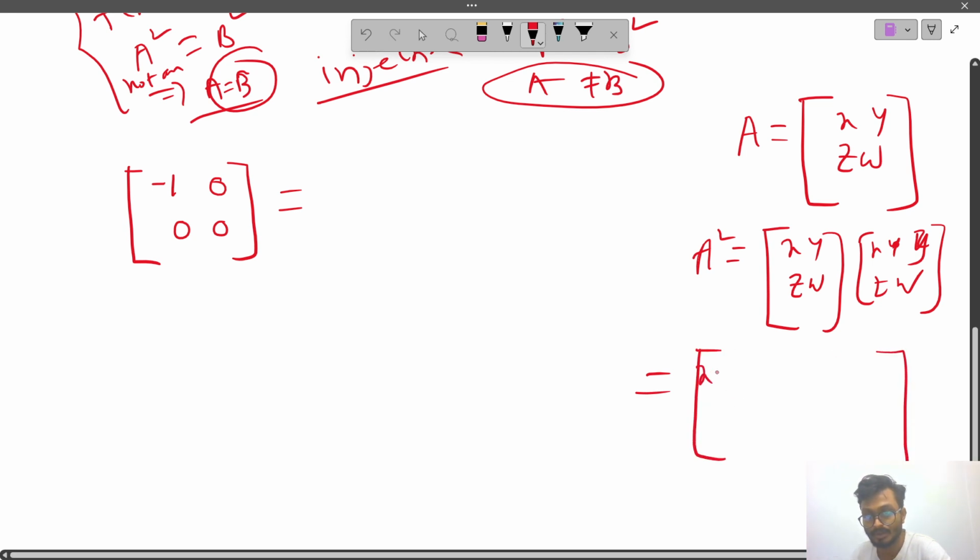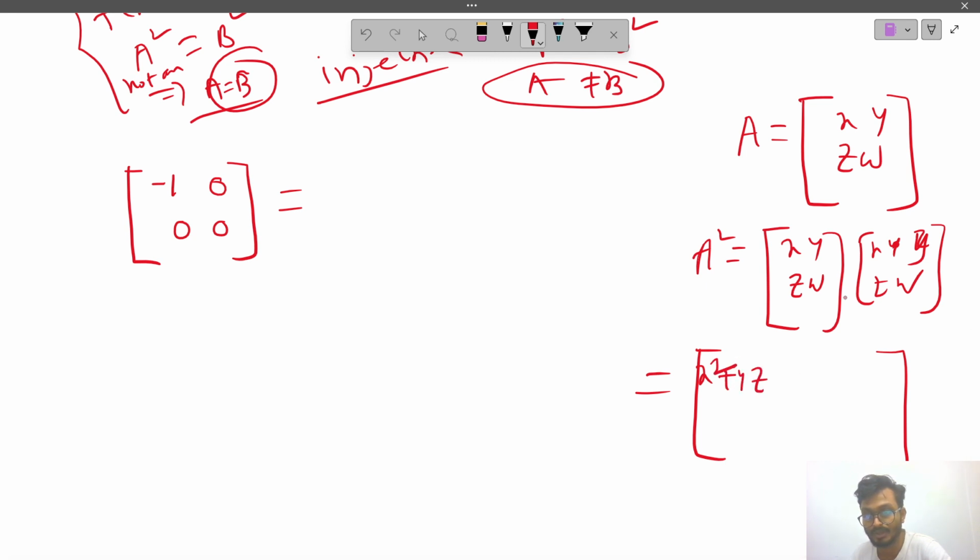So it will be x square plus yz, then xy plus yw, and xz plus zw, and yz plus w square.